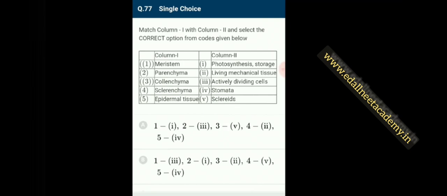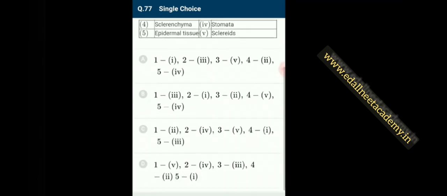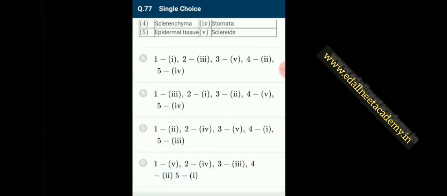Collenchyma matches with living mechanical tissue. It provides additional support to the plant body. Sclerenchyma cells are divided into two types, sclereids and fibers, so it matches with sclereids. Epidermal tissue matches with stomata. In some parts of the plant body, epidermal cells contain minute openings called stomata. So the correctly matching option is option B.